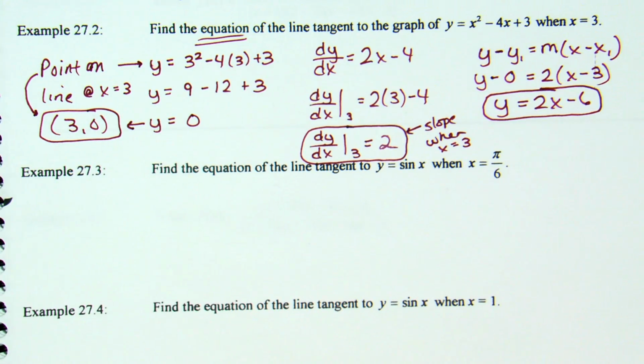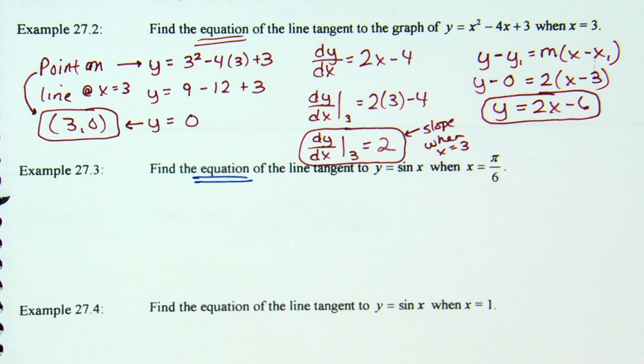Again, we're being asked to find the equation of the line tangent to y equals sine x when x equals pi over 6. Where would you like to start? Find the slope, he says.